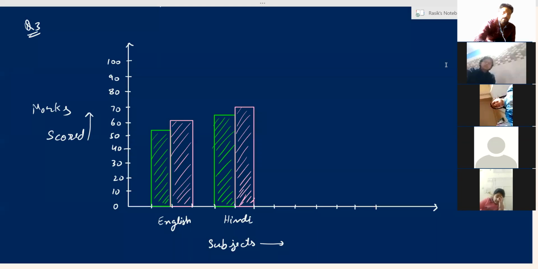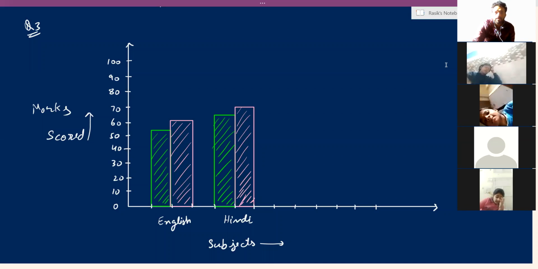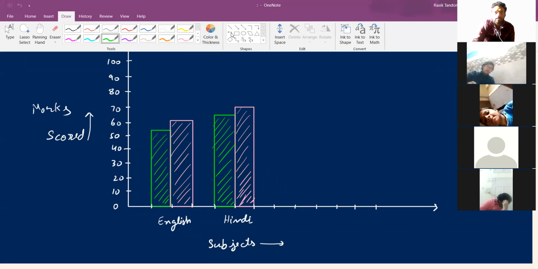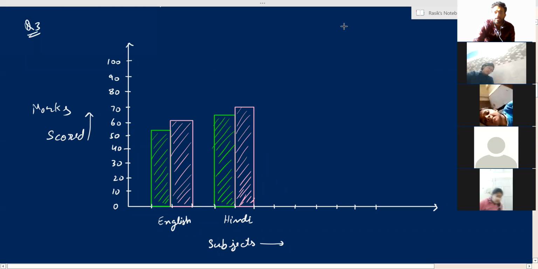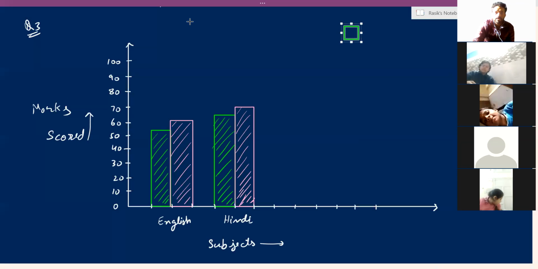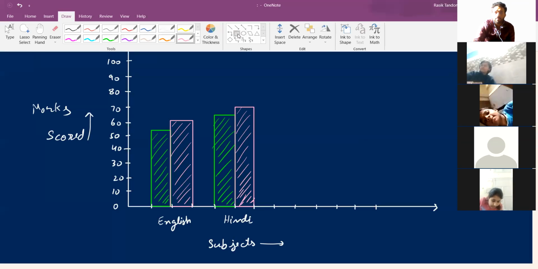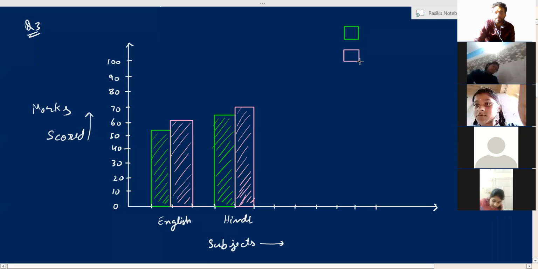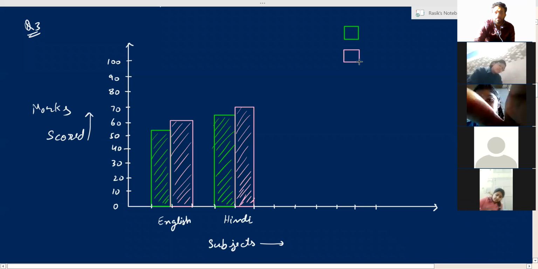Okay, all of you, one more thing you have to do: when you take two different colors for half yearly exams and annual exams, make two different boxes here, like this. Riddhi, yours is absolutely correct. Very good. Excellent.